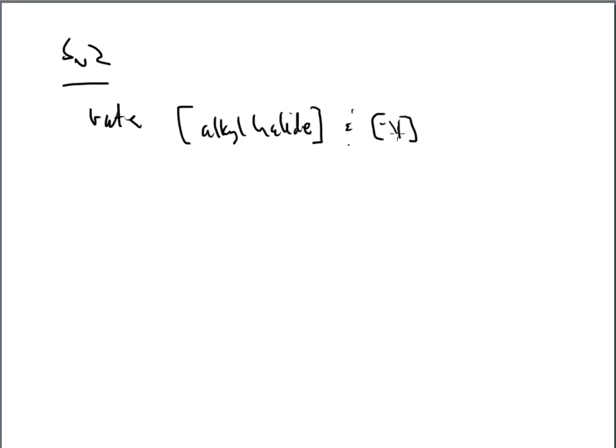With SN2, the rate depends on the concentration of the alkyl halide and the concentration of the nucleophile. Notice I wrote both. Both concentrations are important. The rate, which is the speed, that's kinetics.